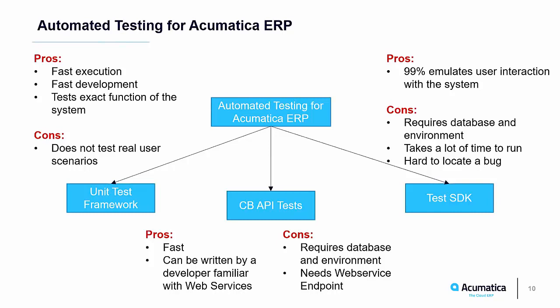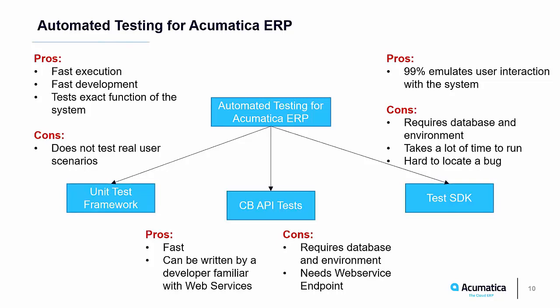However, you can still test, for instance, complex calculations and complex scenarios. And because it doesn't run on the UI, it is actually running faster than Test SDK tests. So if you write these tests in a proper way, it is possible for the developer himself to execute these tests during development and get the result fast.